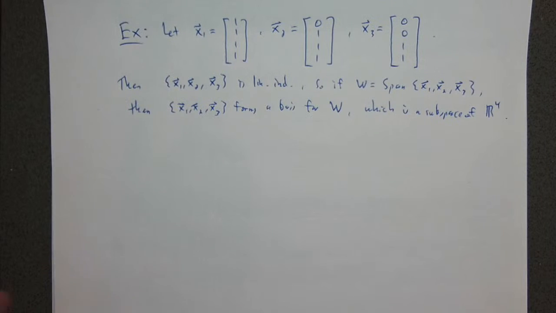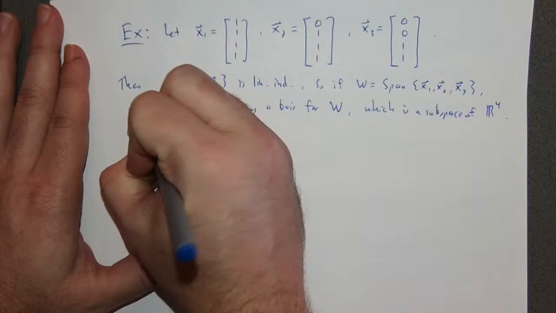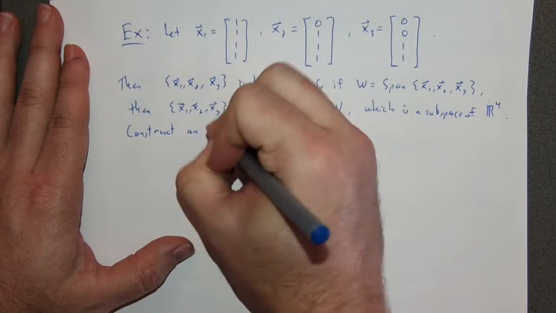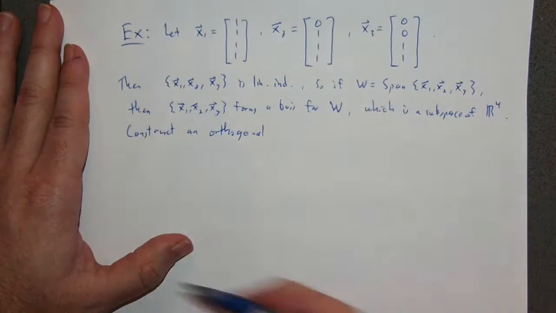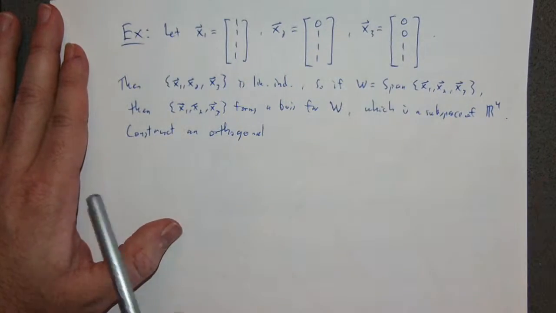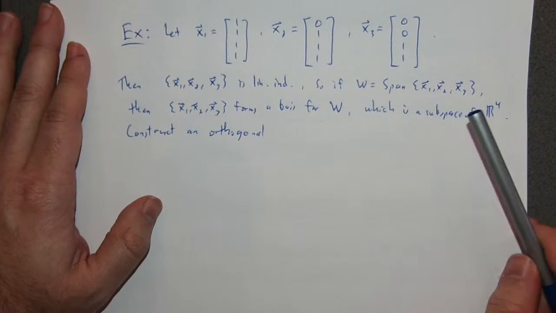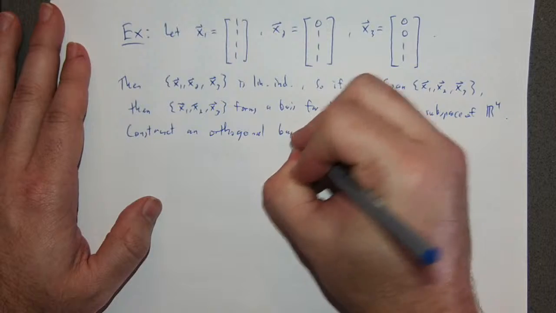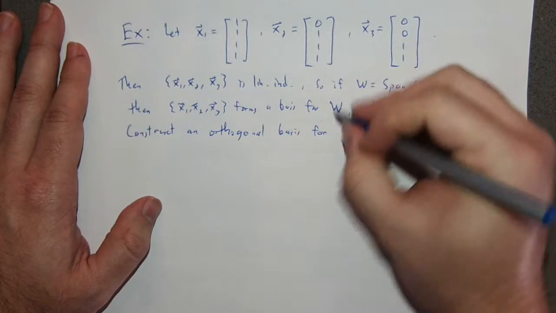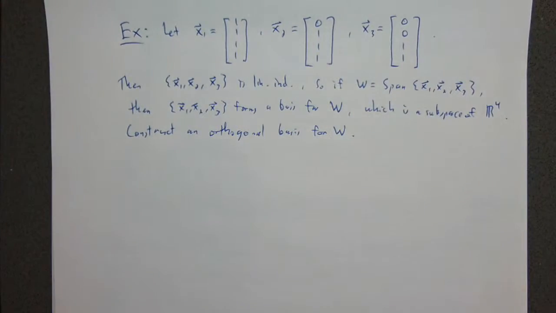So what we want to do is construct an orthogonal basis for W. You can clearly see just by checking any pair you want that they're not orthogonal. None of those dot products is 0. This is a great example because we're starting with a basis that's maximally not orthogonal, if that's a thing.